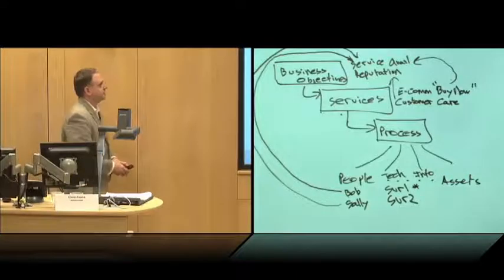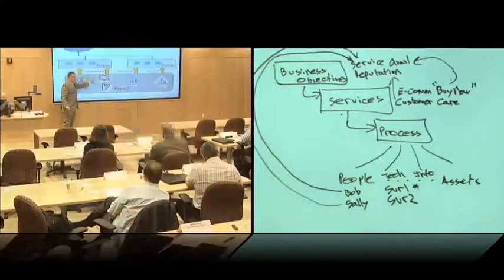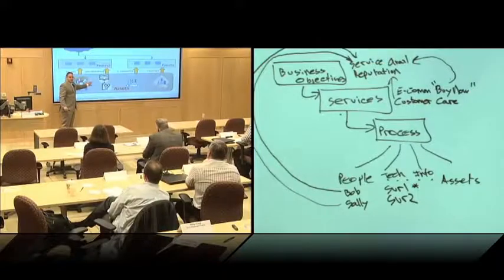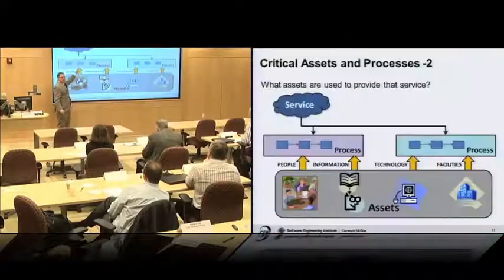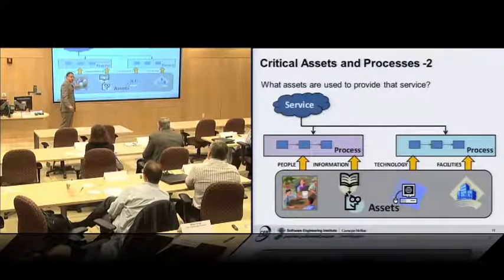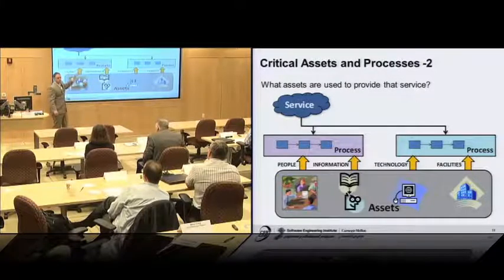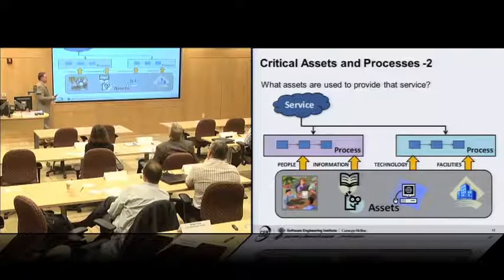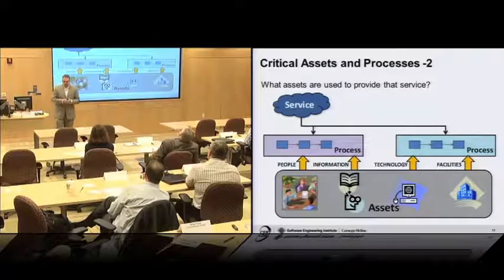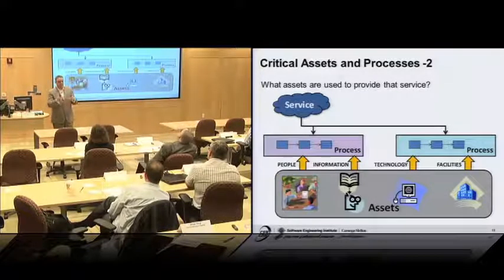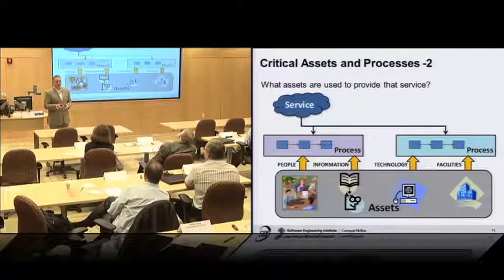And that's how you link what's really and truly important down here: you go back to what are my business objectives and how do the things that I use down here, my assets, relate to the business objectives? And that's how you do a perhaps less subjective analysis of it. So instead of everybody weighing in on an opinion and it being a very heated discussion about, well, why is Bob more important than Sally?